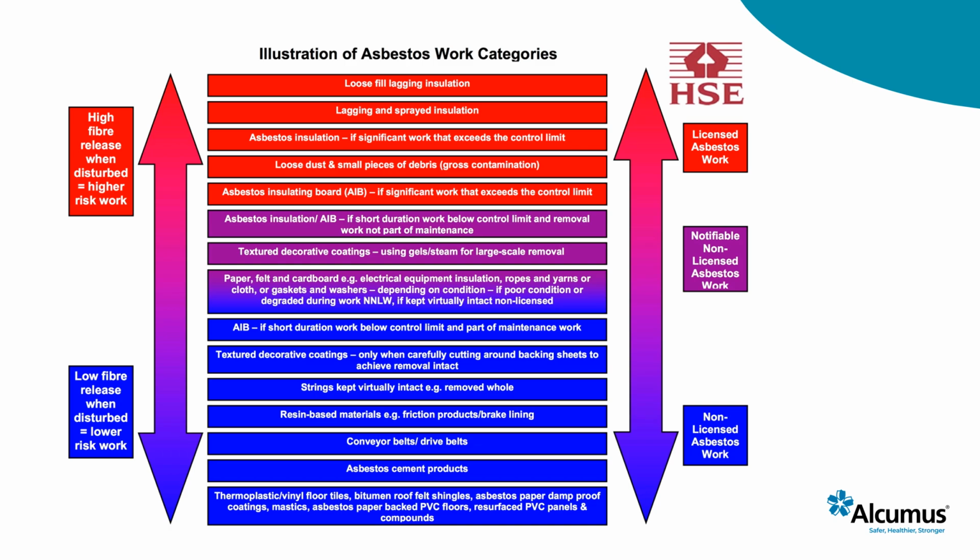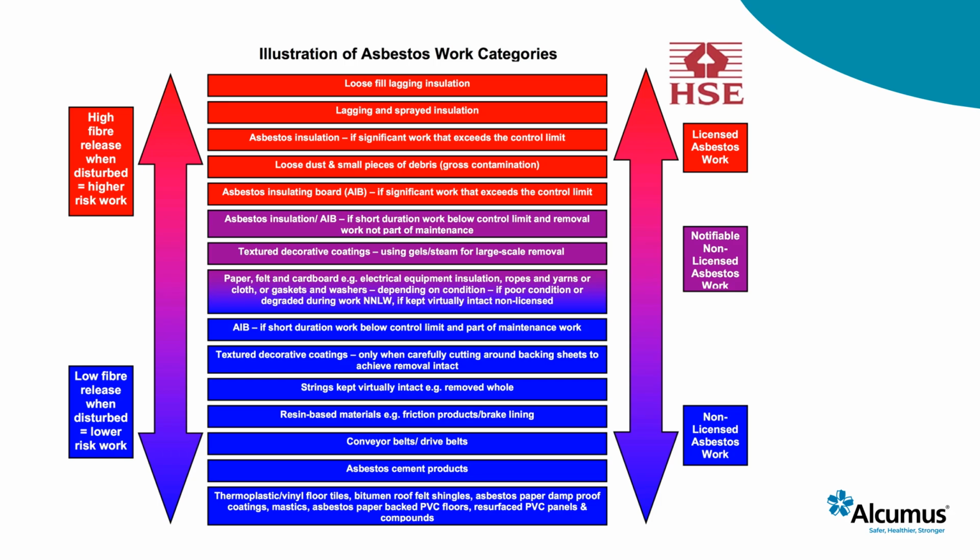All work with asbestos has some element of risk associated with it, and the appropriate controls should be implemented. The Health and Safety Executive has produced a set of guidance notes to provide advice on the types of controls that should be implemented, which can be found in the Asbestos Essentials section of their website and are downloadable free of charge.